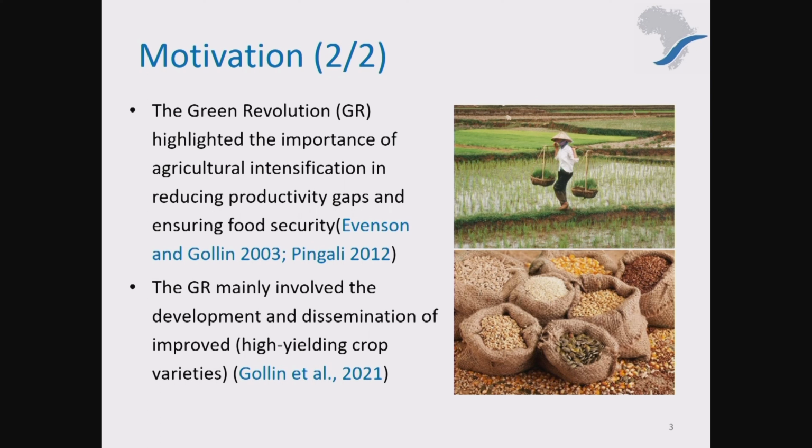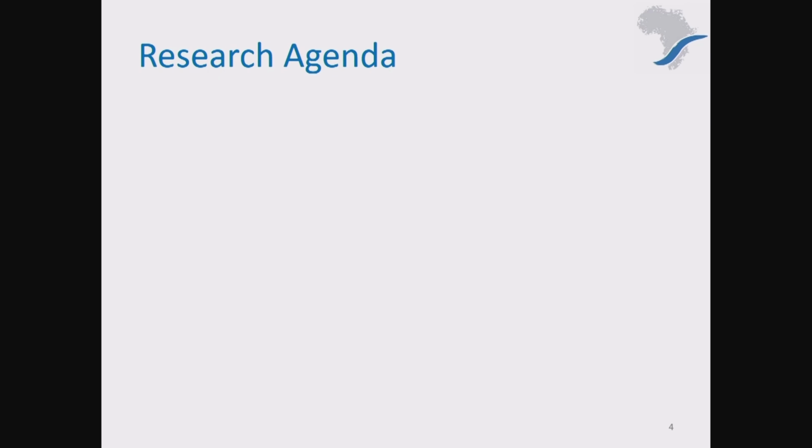So the Green Revolution really just entailed the use of improved seeds and improved fertilizers as a way of increasing agricultural productivity.